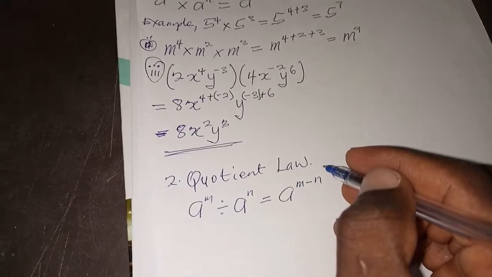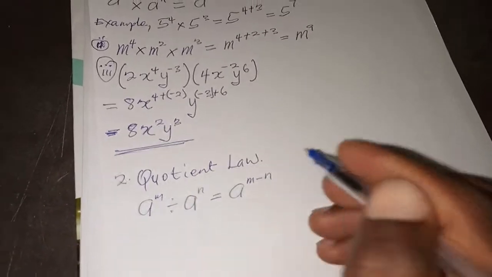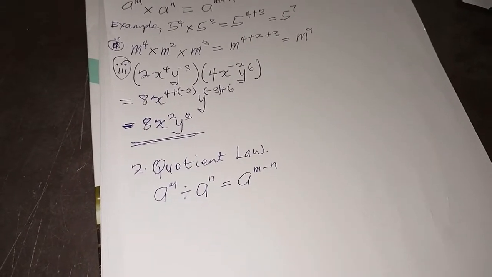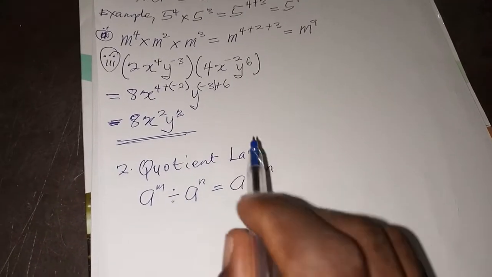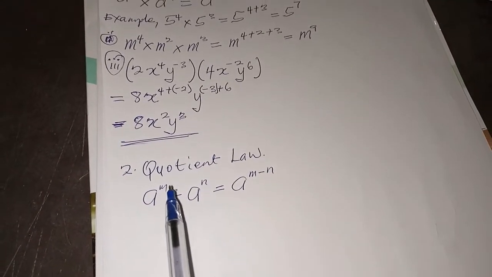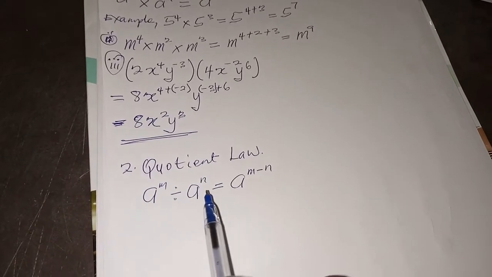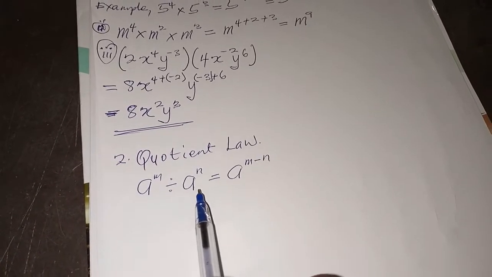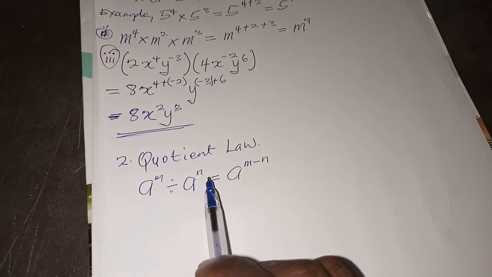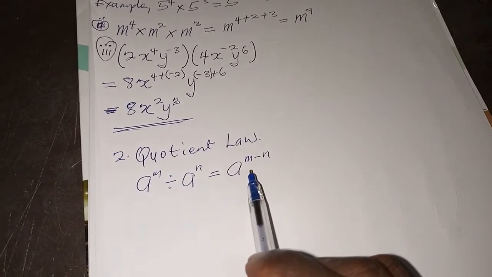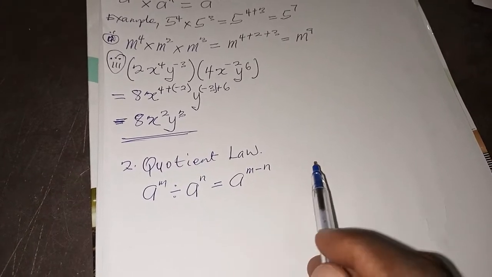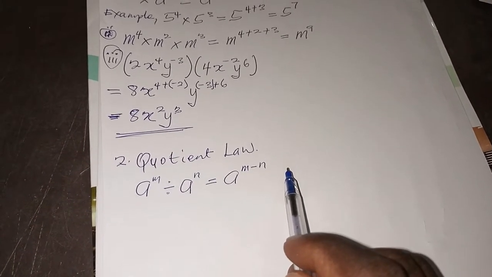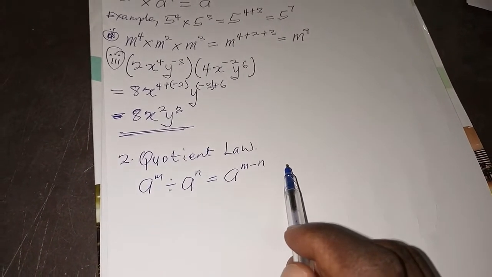All right. So the explanation is not too different from law 1, except that this is a quotient, so division. It says that if you have a base taking an exponent divided by the same base taking another exponent, then the answer you get will be the same as maintaining the base and then subtracting the exponents.